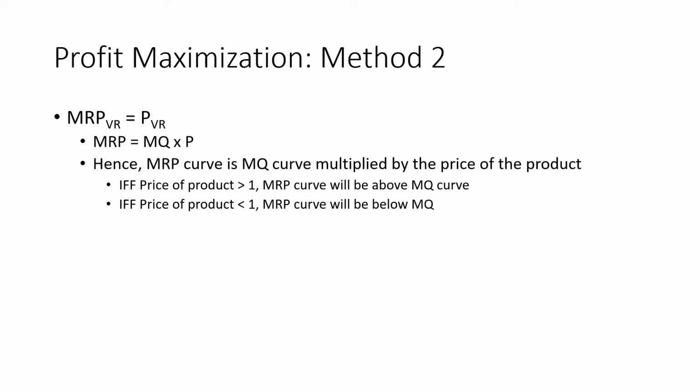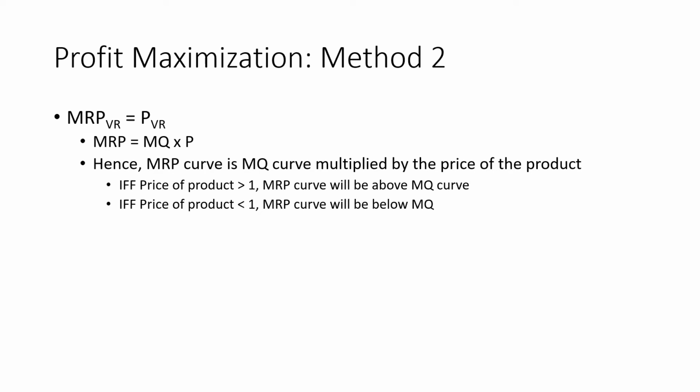Method number 2. We're looking at a very similar idea, but instead of looking at money in per unit of product versus money out per unit of product, marginal revenue, price, versus marginal cost, now we're looking at money in per unit of a variable resource against money out per unit of a variable resource. To simplify things, let's look at laborers.